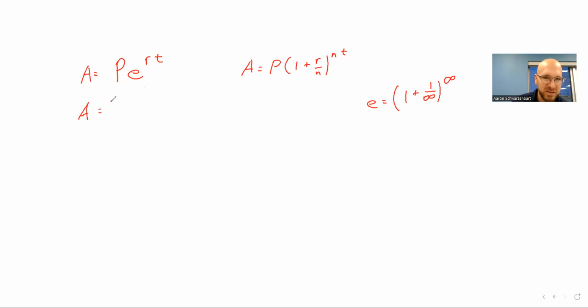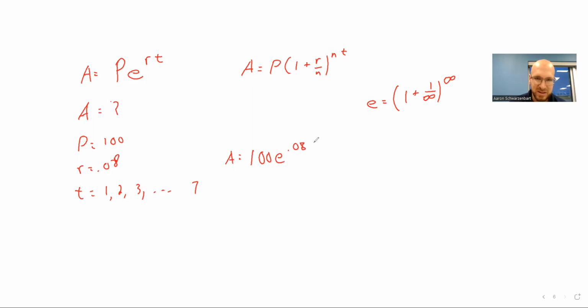And I'll show you how to do that on the calculator. So she invests $100. R equals 0.08. And T equals 1, 2, 3 to 7. So my formula is A equals 100 e, remember e is the number e, 0.08 x is what I'm going to enter in my calculator.